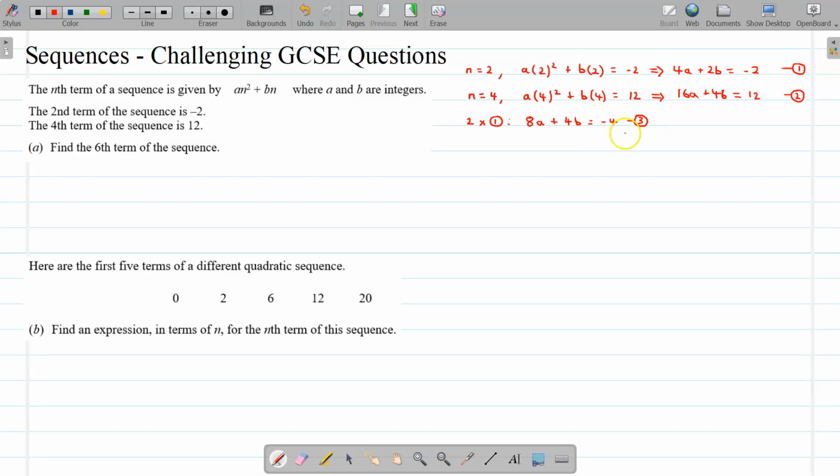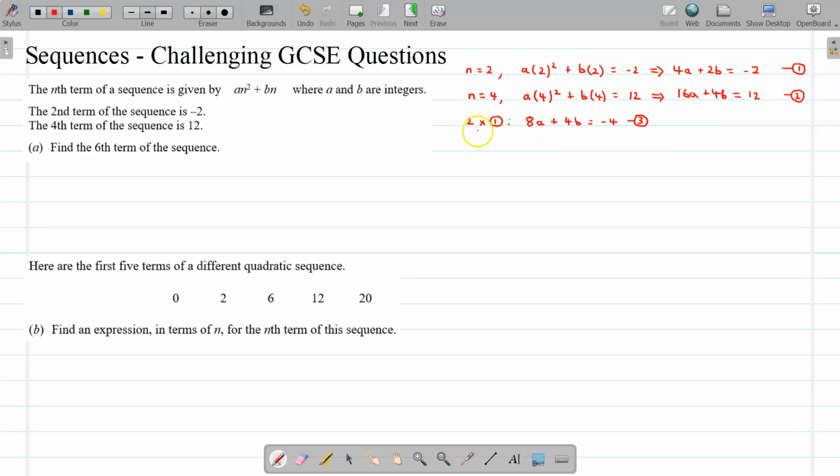Because that contains 4b and equation 2 also contains 4b, if I subtract the two equations from each other, I'll eliminate the b term and just have an equation in a, which I can solve.